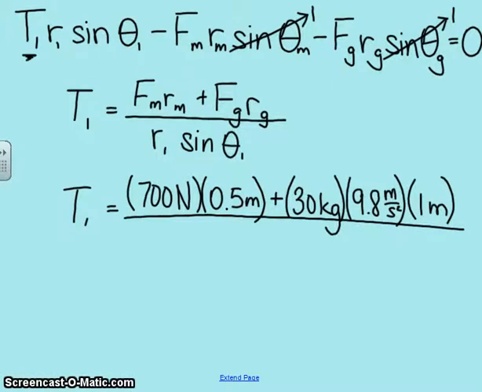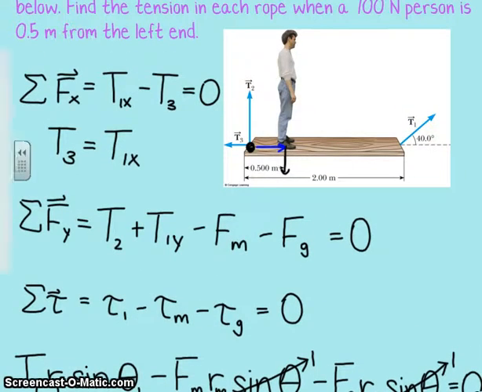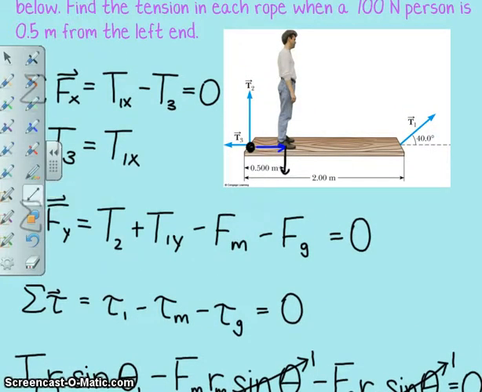I divide that all by R1 sine theta 1. R1 is the distance from the axis of rotation to T1. That happens to be 2 meters. I multiply 2 meters times the sine of the angle between R and T1. So let's draw that R vector up here. Starting at my axis of rotation, going over all the way, there's my R vector.